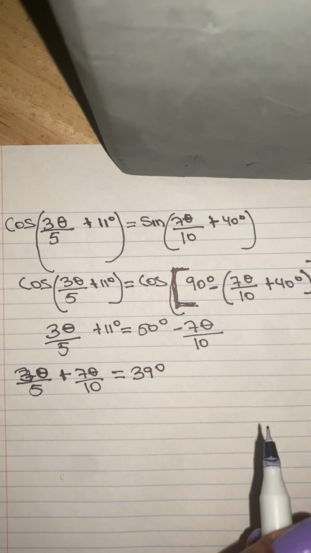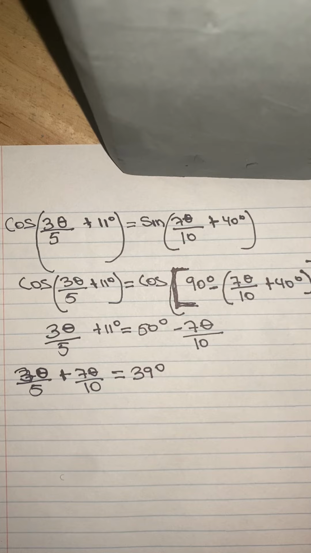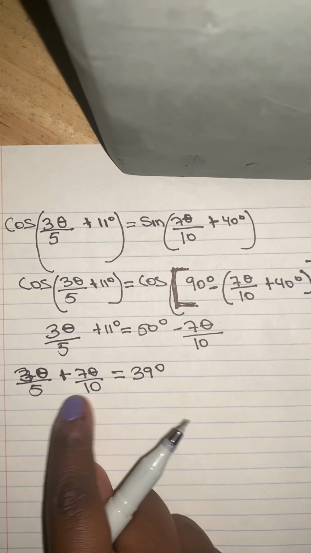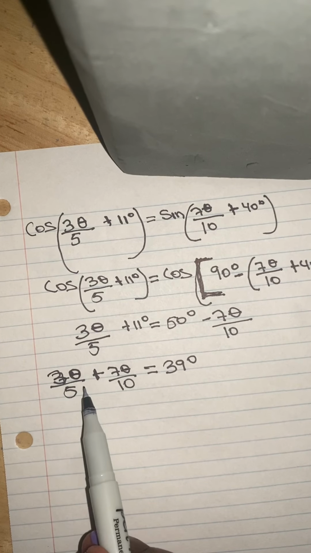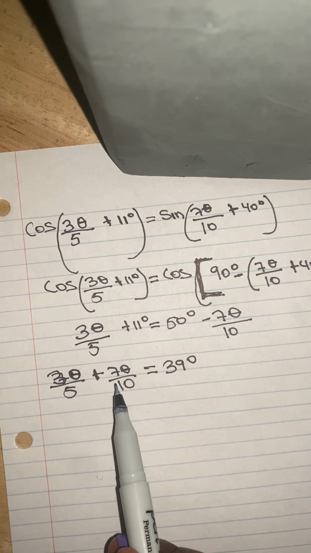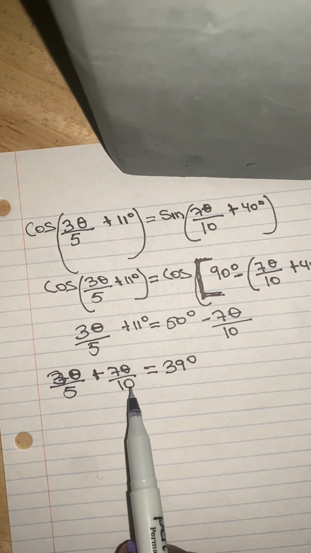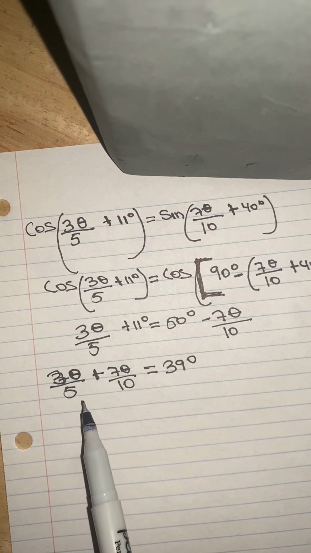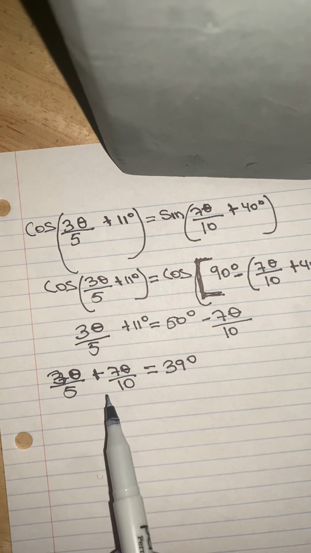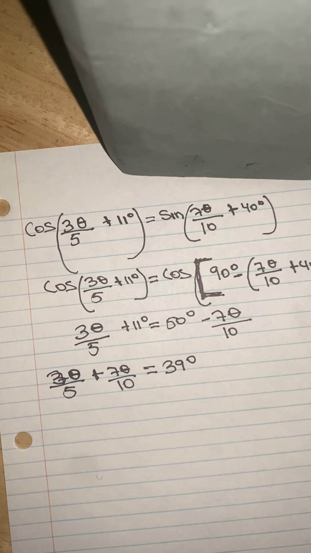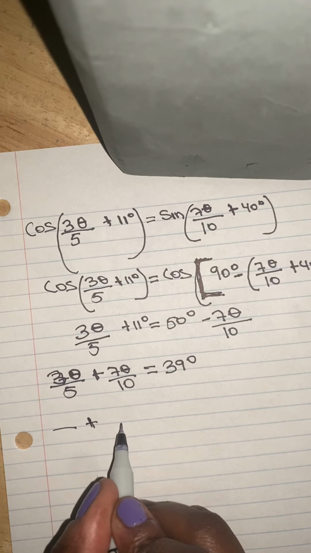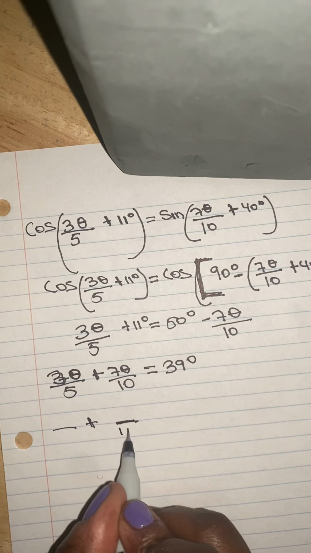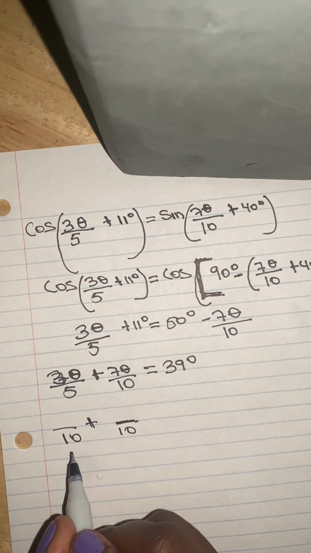All right, 39. So in here, we have 2 fractions, but we cannot add these 2 fractions. We have 3 theta plus 7 theta, but we cannot add them because they don't have a common denominator. So we have to find the common denominator, and we know the common denominator is going to be 10.